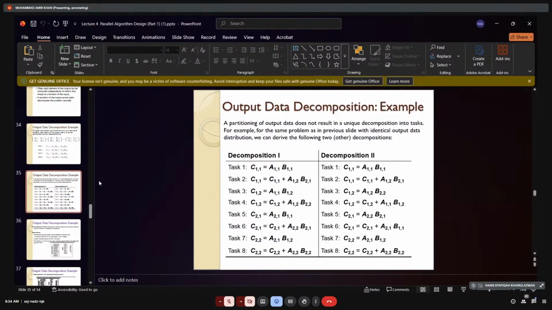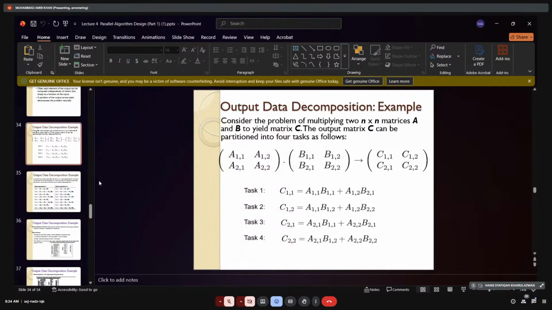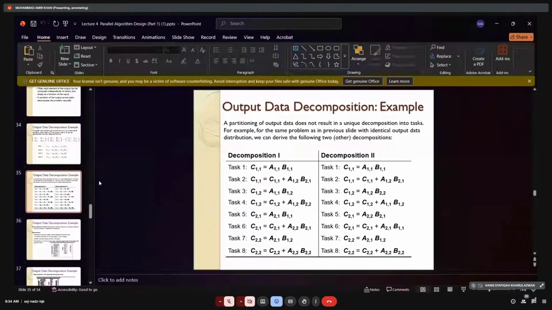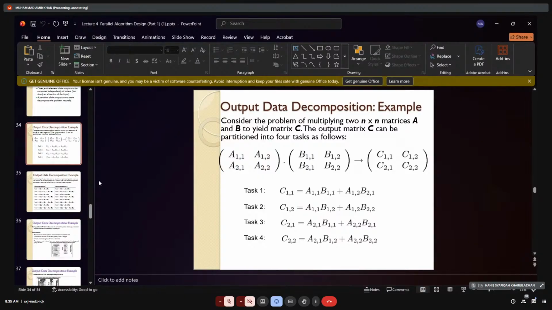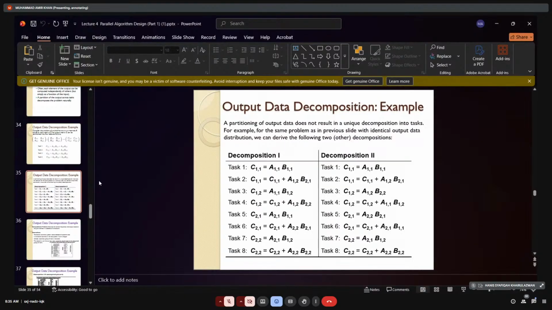So, very simple matrix multiplication. Here, same thing. A partition of output does not result in a unique decomposition into tasks. For example, for the same problem in the previous slide, with identical output distribution, we can derive the following two other decompositions. We can solve this problem into 8 steps.